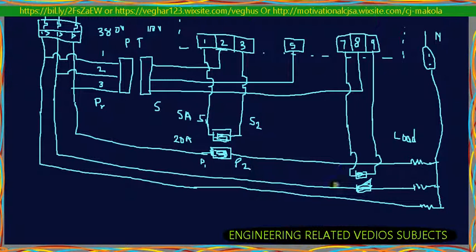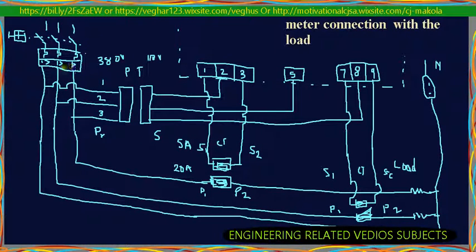The same applies here: this is the primary side, P1, P2, and then S1, S2. These are the CTs.